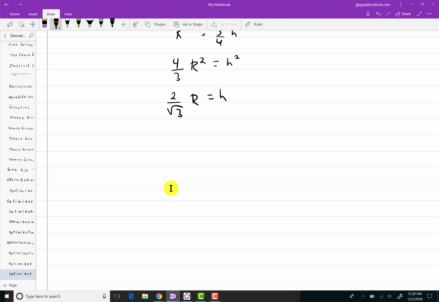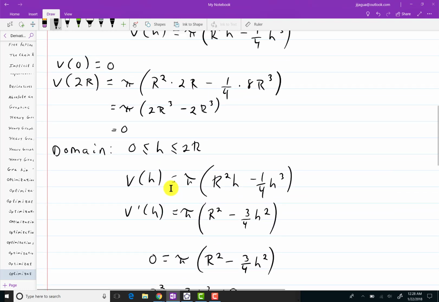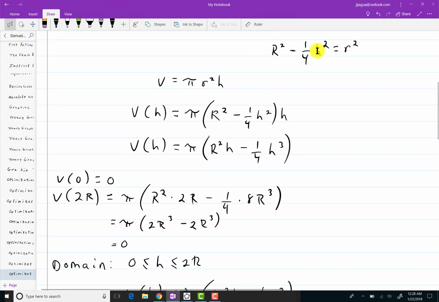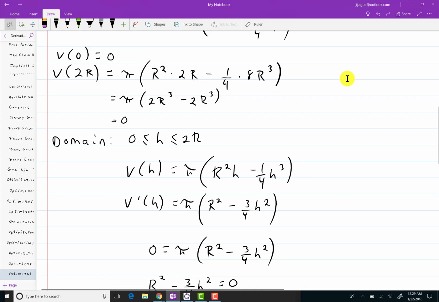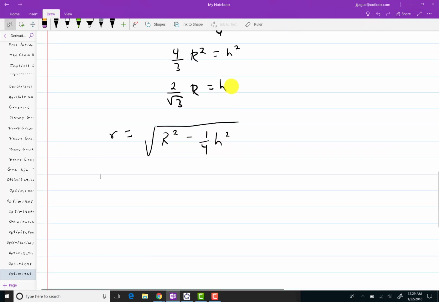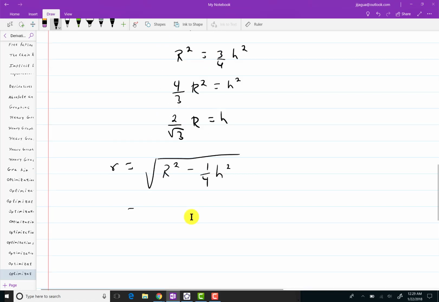And then what is little r going to be? Little r squared was capital R squared minus 1/4 h squared. So I'll go ahead and take the square root of that. I'll leave the R squared, but I'll replace h squared with 4/3 R squared. Capital R squared minus 1/4 times 4/3 capital R squared.